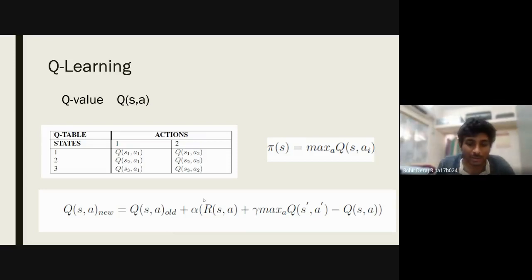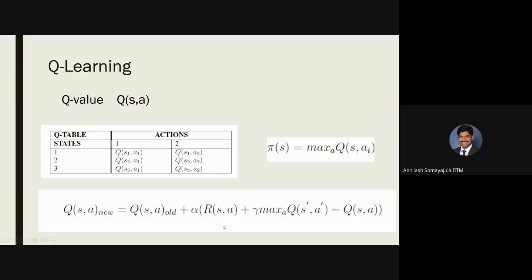So alpha is a learning rate, and it is by how much you are updating your old q values. It is not the learning rate. That is for certain, because learning rate primarily comes up when you are looking at stochastic gradient descent. This is not that.